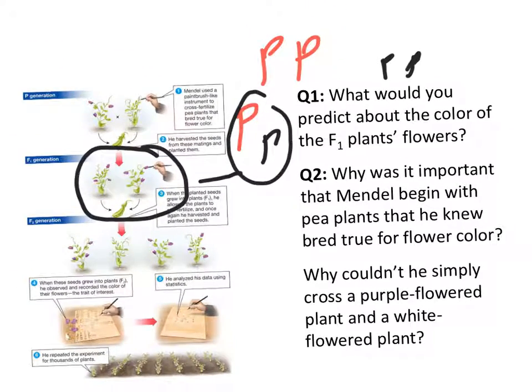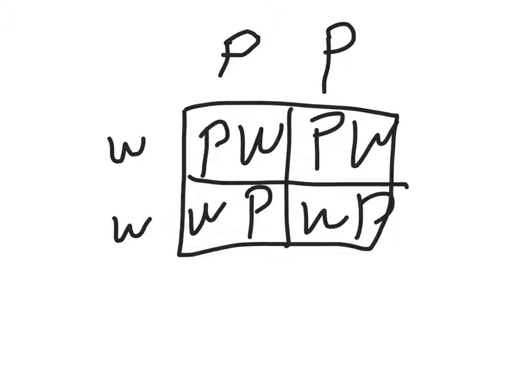Okay. So again, we'll do it again. Okay, we have a Punnett square. We're using large P and small p now.